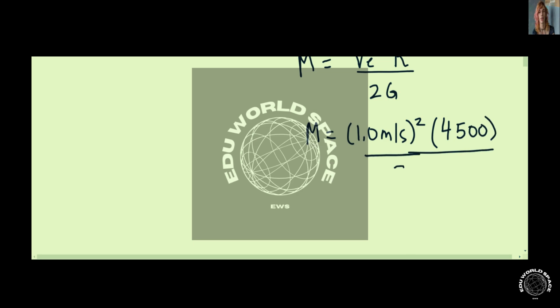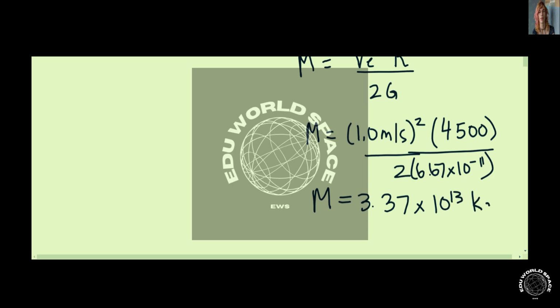And then we divide by 2 times the gravitational constant. And that will give us a mass for this comet of 3.37 times 10 to the 13 kilograms. So this is the final answer for part A.